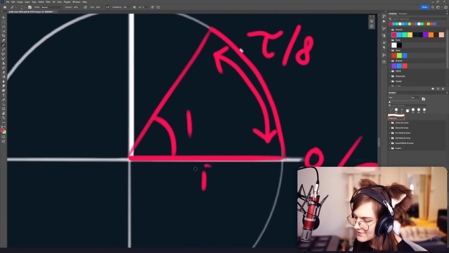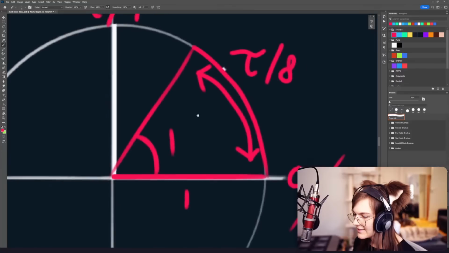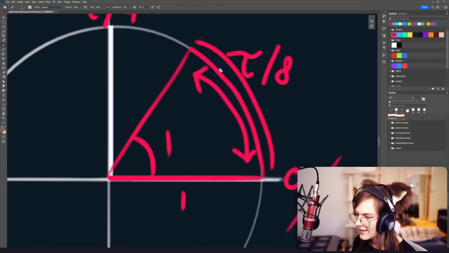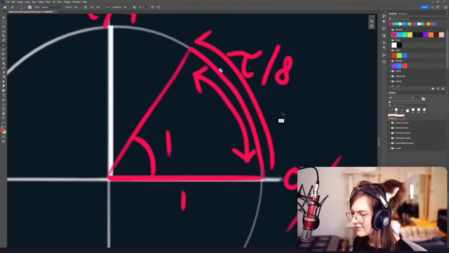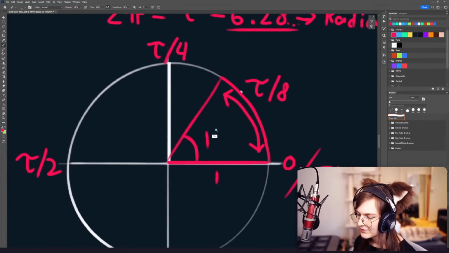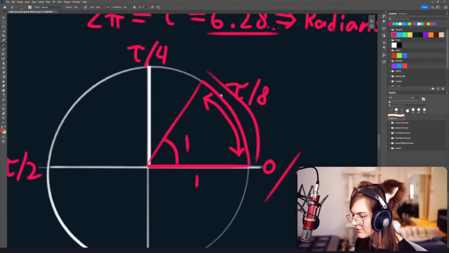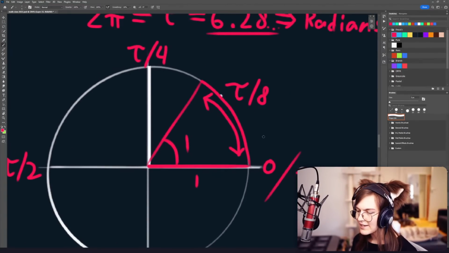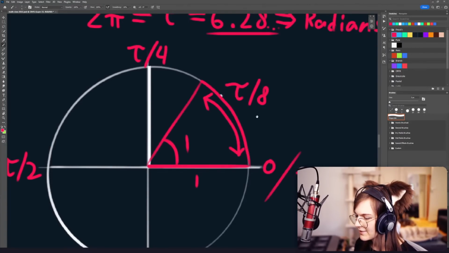So if the radius is 1, the angle is exactly the same as the distance along the circumference, or along this arc. And so that's the beauty of radians: if you know the angle, or if you know the arc length, going between the angle and the arc length is trivial. It's a very, very simple formula.